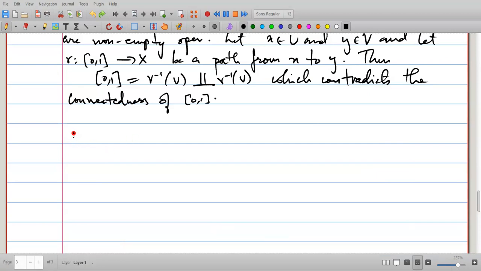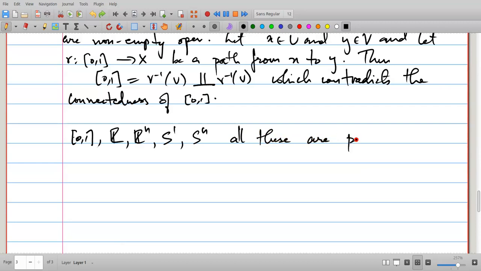So obviously [0,1], the real line, R^n, S^1, S^n, all these are path connected. So these will be exercises in the tutorial sheets.